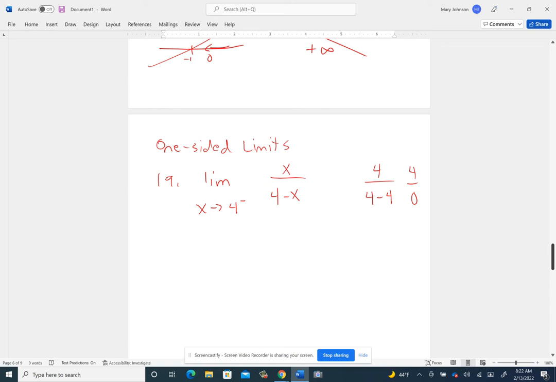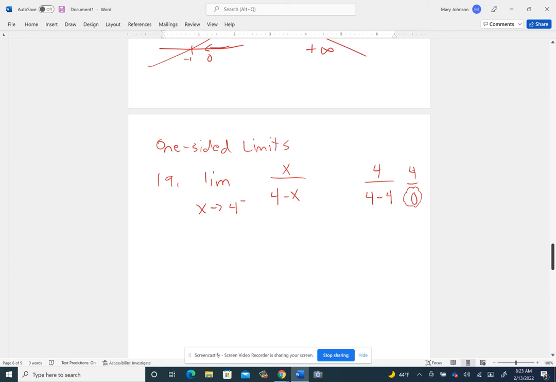You're approaching x of 4. You're approaching it from the left. So what you need to find out is, as you're coming to 0, is it a negative on its way to 0 or is it positive?